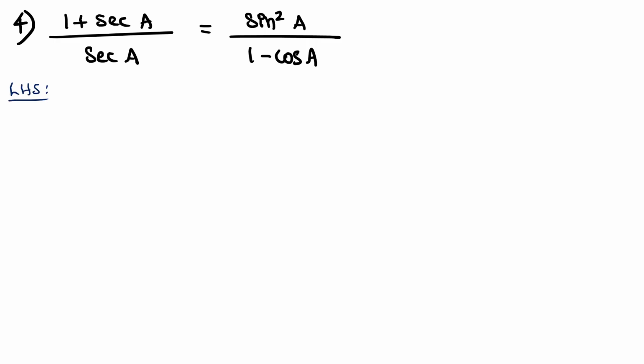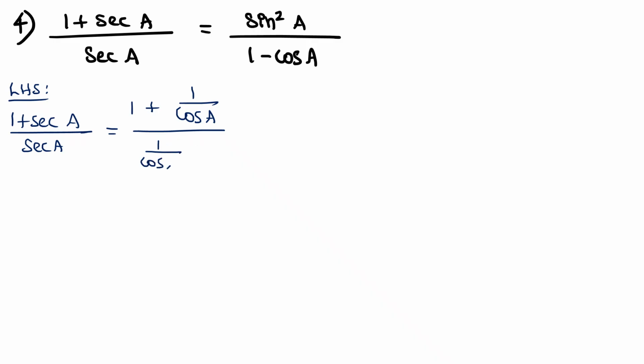If I am taking the LHS here, I will write 1 plus secant A by secant A. You already know secant A is 1 by cos A, because the reciprocal of cos is secant and the reciprocal of secant is cos. So it is 1 plus 1 by cos A, divided by 1 by cos A. Now in the numerator, take the LCM.